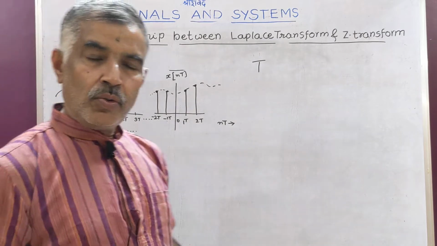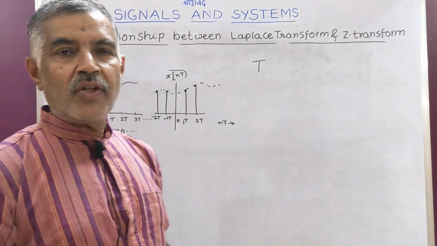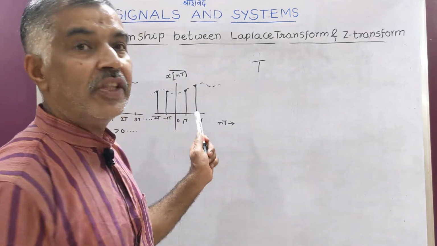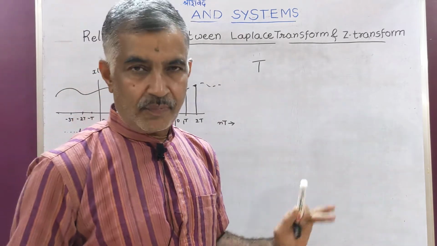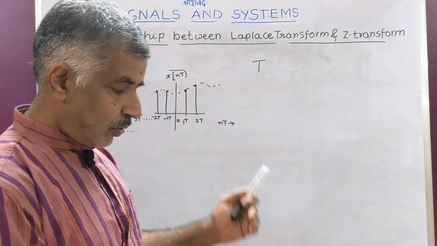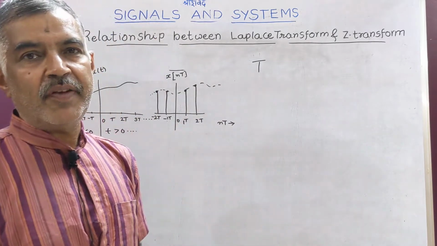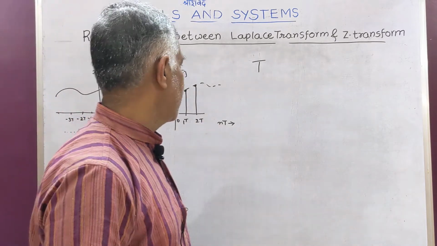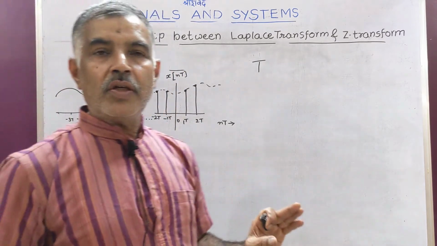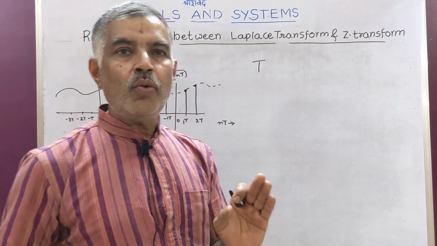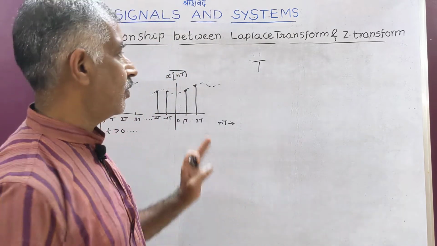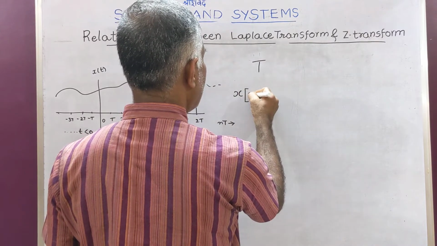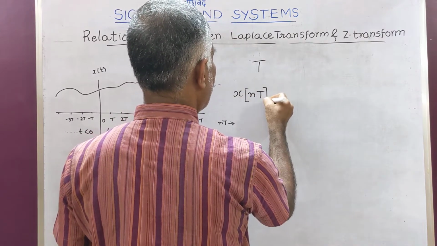Now, to show that Z transform is an extension of Laplace transform, I am continuing with T. Normally we don't write T, but to establish a relationship between the two transforms, I am considering T. Now, from the convolution sum, you know how to express a discrete signal. This is x of nT.